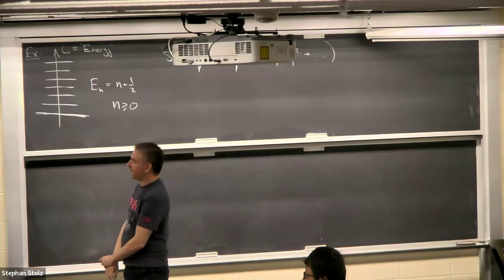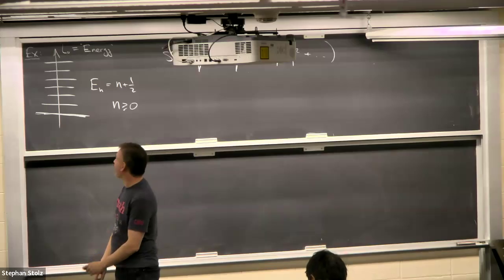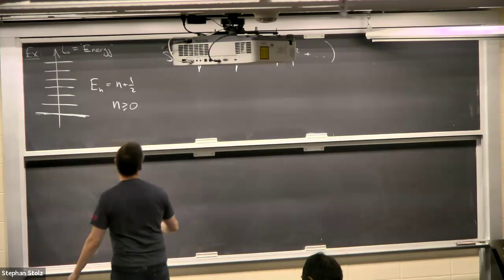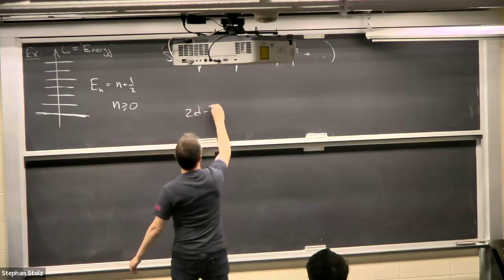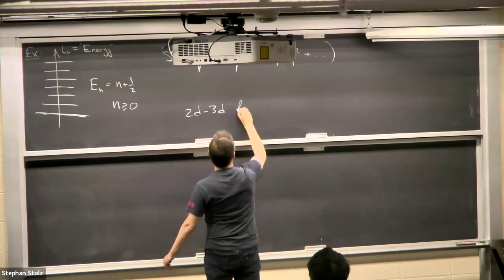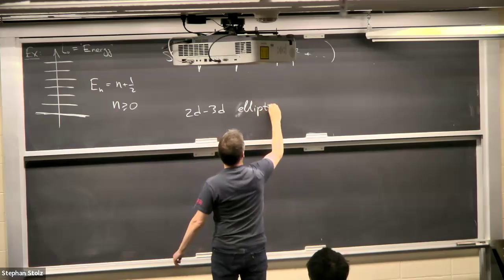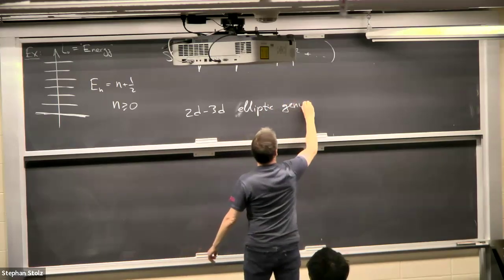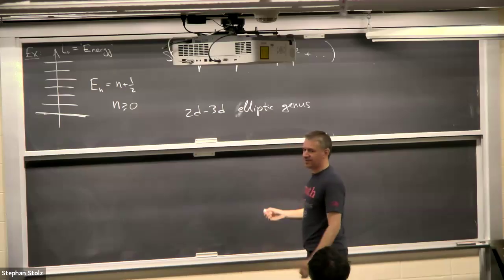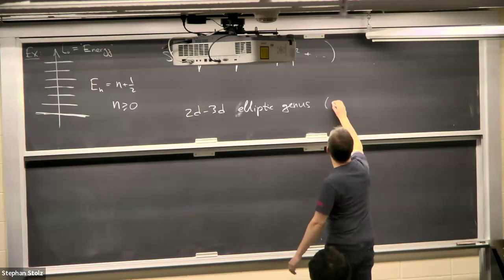One thing that I mentioned to you before is that we care about this 2D, 3D elliptic genus. That's what it is in physics language. It is counting something. Counting something means counting BPS states.